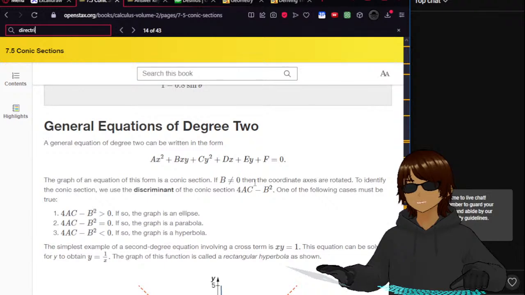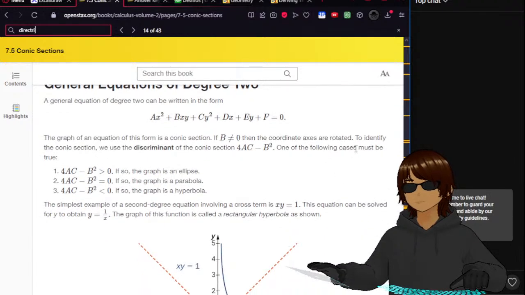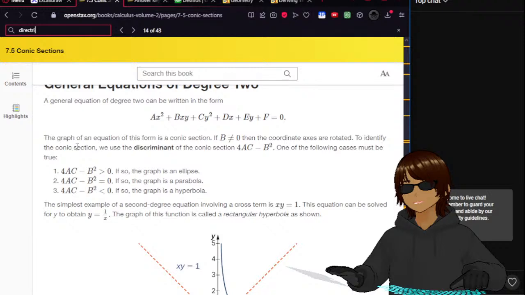If p is not 0, then the coordinate axes are rotated. To identify the conic section, we use the discriminant of the conic section, AC minus p squared. One of the following cases must be true. If AC minus p squared is more than 0, the graph is an ellipse. If AC minus p squared is equal to 0, then it's a parabola. If AC minus p squared is less than 0, the graph is a hyperbola.